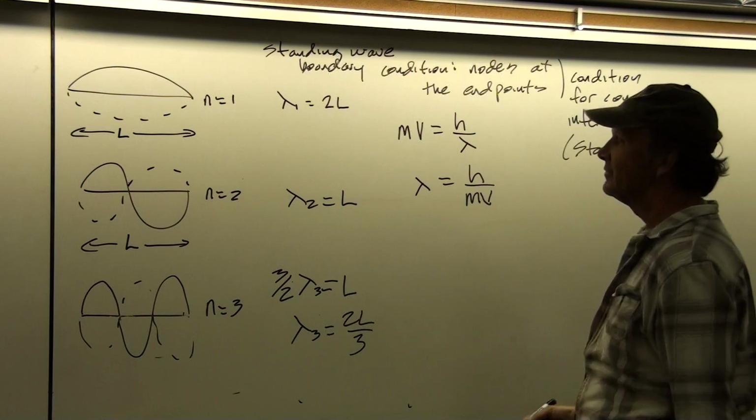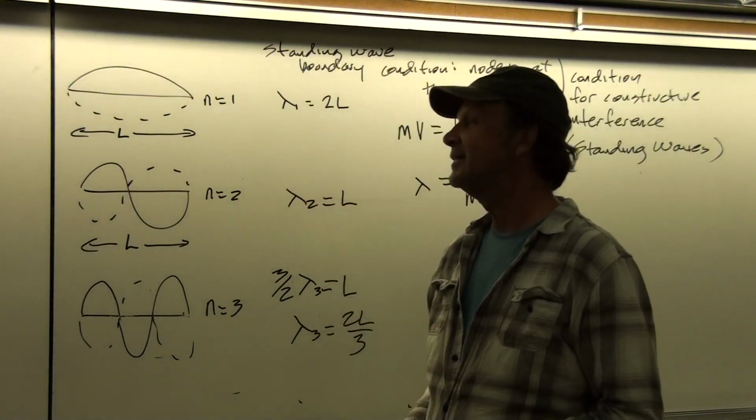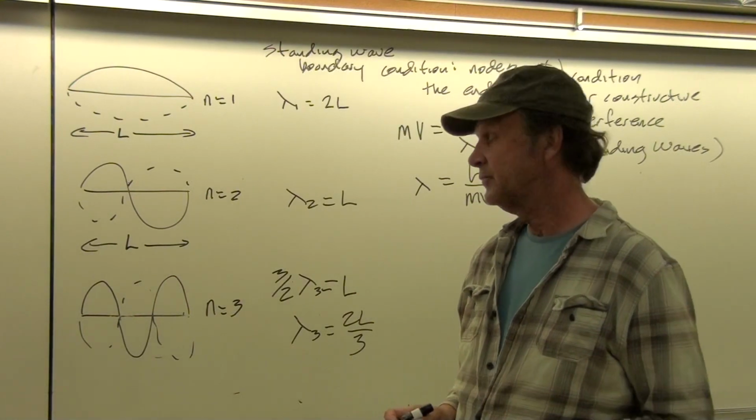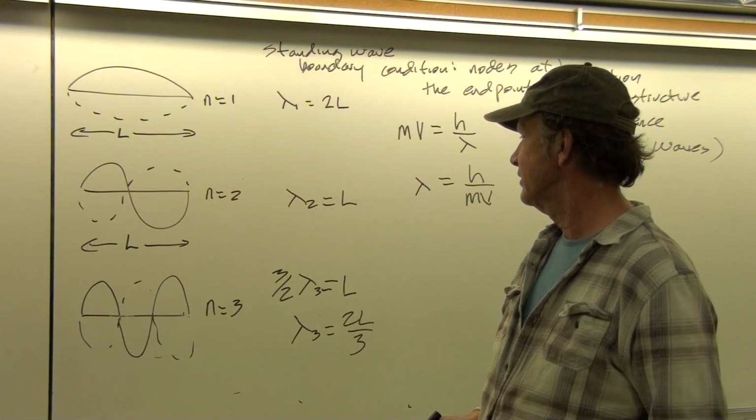I like this example a lot because it's just like what we did in physics 2AP with the vibrating string. It's the exact same math that goes along with this.